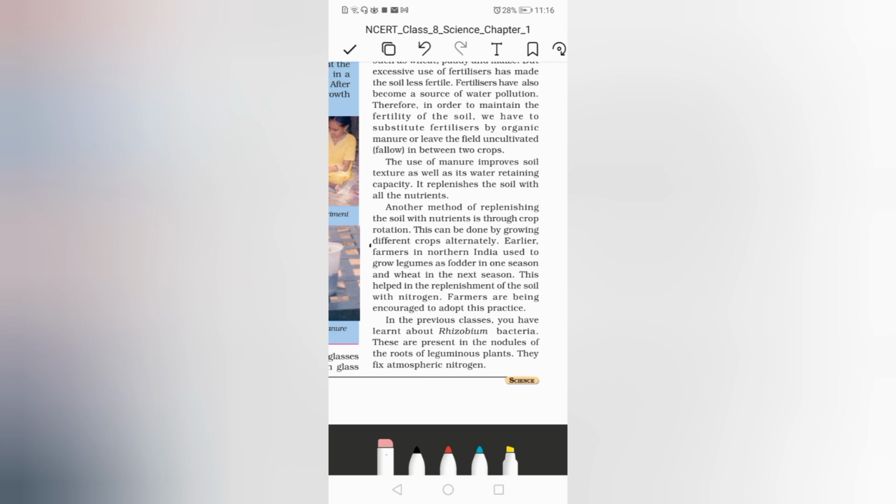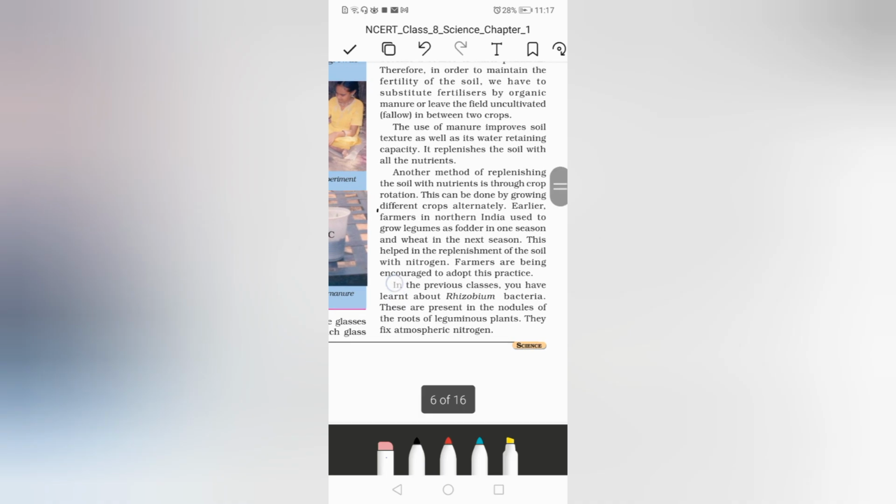This can be done by growing different crops alternately. Earlier, farmers in northern India used to grow legumes as fodder in one season and wheat in the next season. This helped in the replenishment of soil with nitrogen. See, legumes are rich in nitrogen, so whichever crop needs nitrogen can be planted next season after the legumes, so that it has plenty of nitrogen.